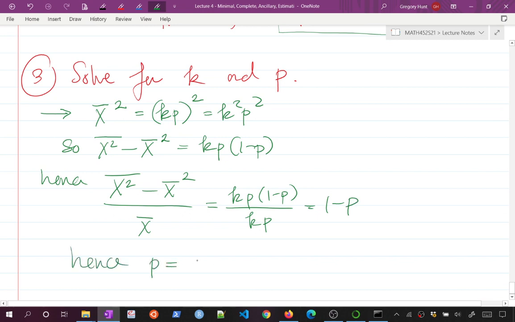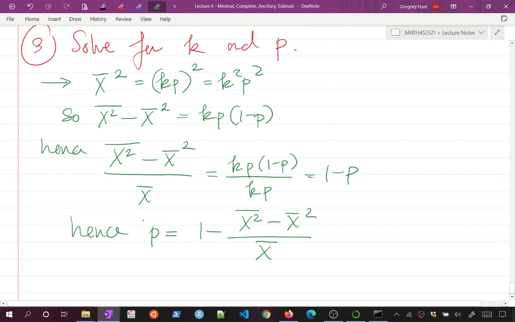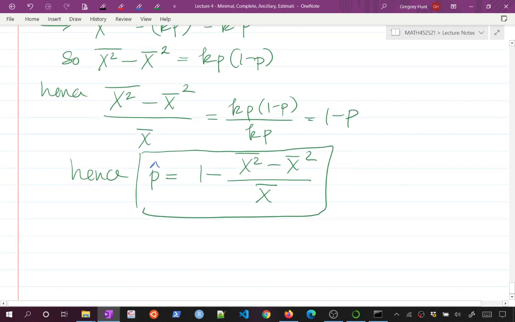Hence p is 1 minus (x squared bar minus x bar squared) over x bar. So I've isolated p, and I can call that p hat.